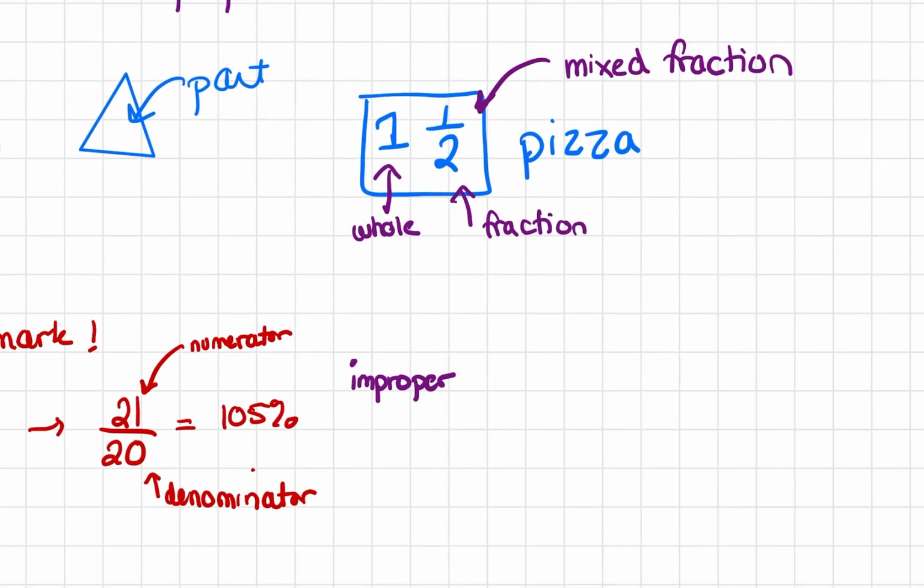Now, improper fractions and mixed fractions that you see here on the screen actually go together because if you don't want a mixed fraction for the purpose of, say, multiplying and dividing, you want to change it into a fraction without a whole, which means that you are just going to change it into an improper fraction. So that's the whole point of changing mixed fractions and improper fractions. They're actually the same thing.